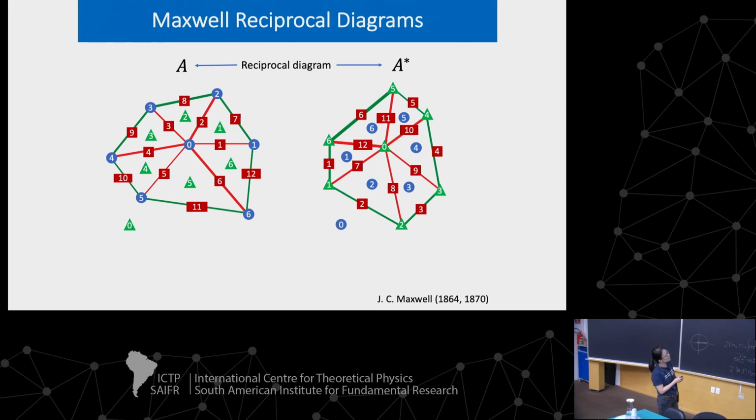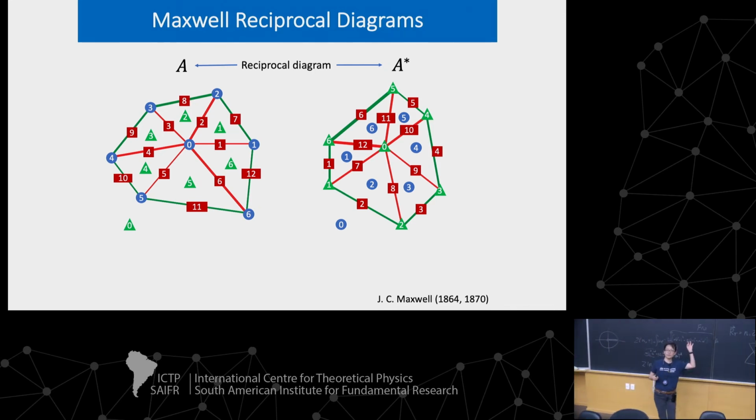They become the bonds that surround this face. And each bond here is perpendicular to the corresponding bond there. Is it clear? So the bonds that have the same label are perpendicular to one another from one figure to the other. You can also rotate to make them parallel, but here we just choose a convention to make them perpendicular.